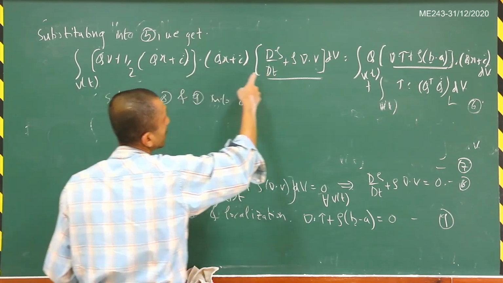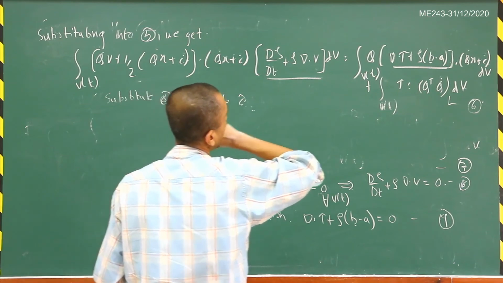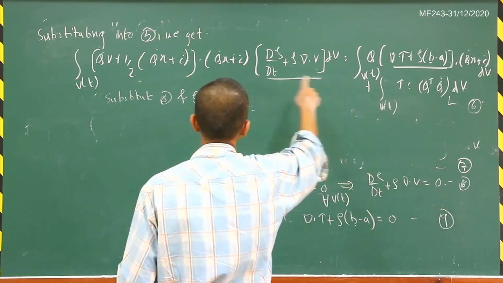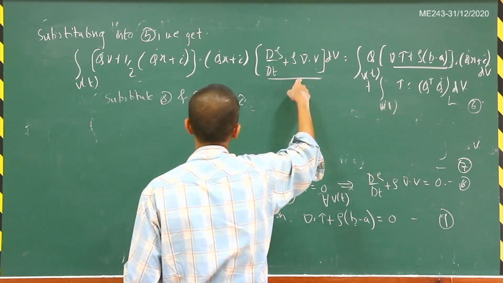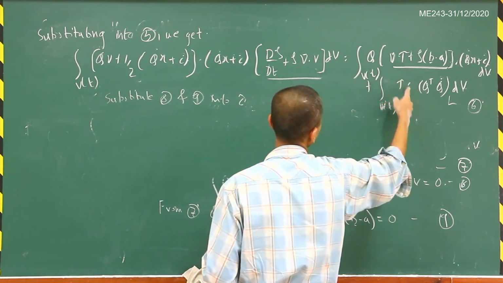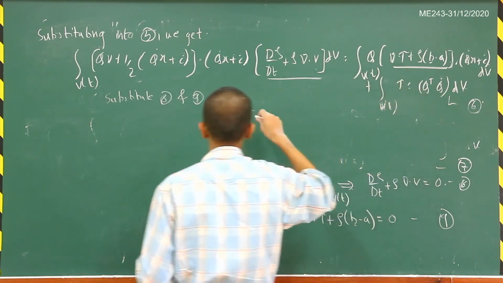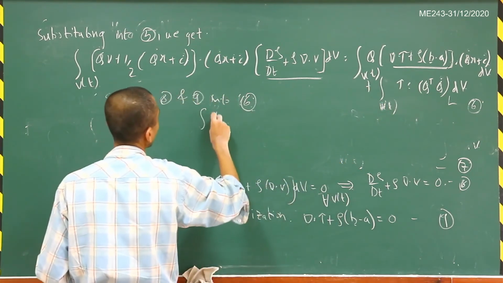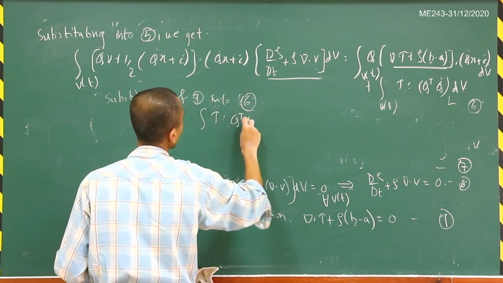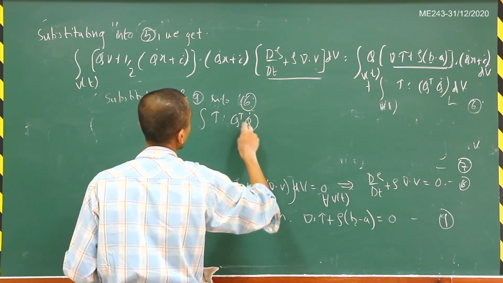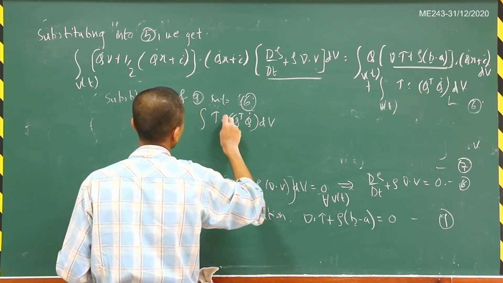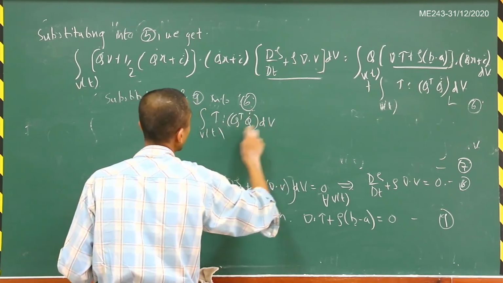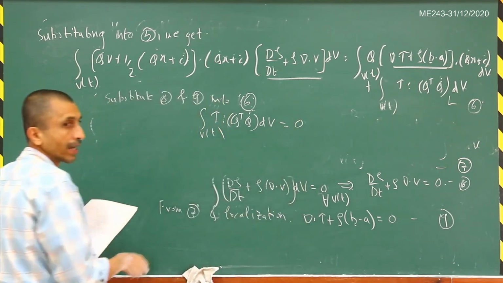You will see that the left hand side vanishes, then this term also vanishes, so you will get only this particular term. So into 6, then what you will get is that the integral of tau matrix inner product q transpose q dot times dv over v of t is equal to 0. That's what you will get now.